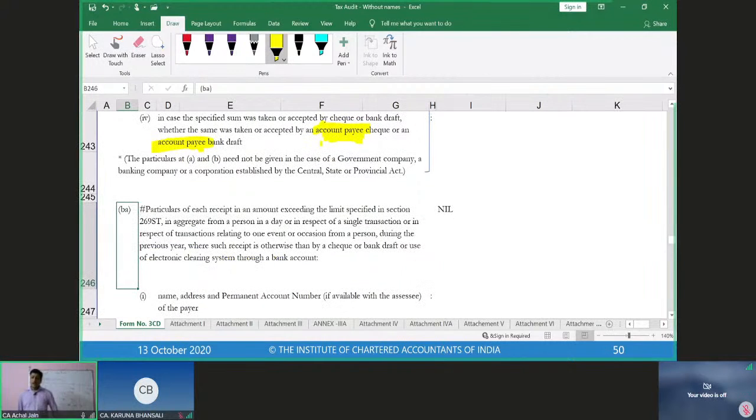Okay. Moving on to 31BA, which is in relation to section 269ST. So it says particulars of each receipt.